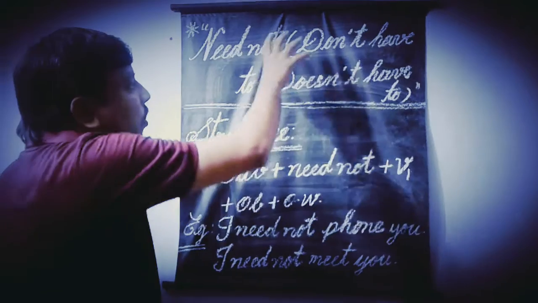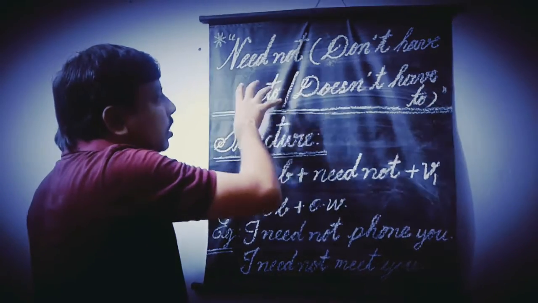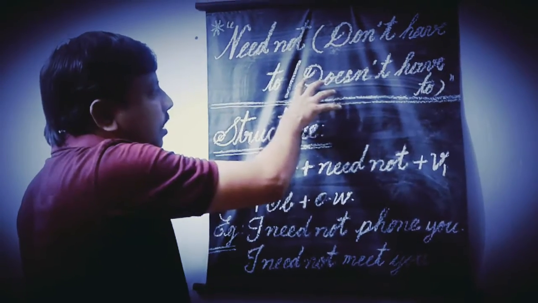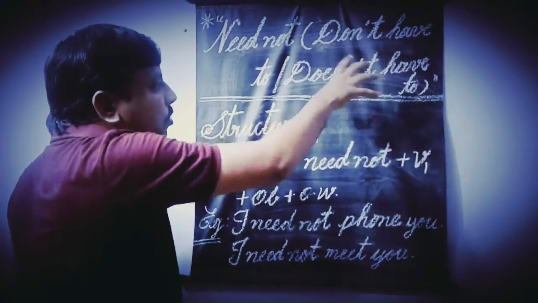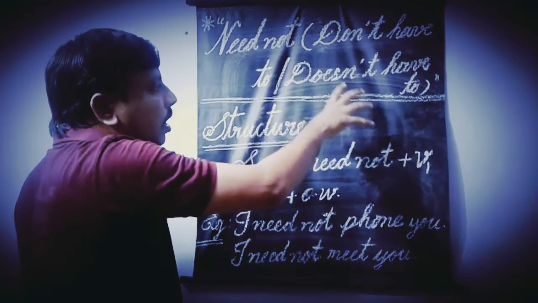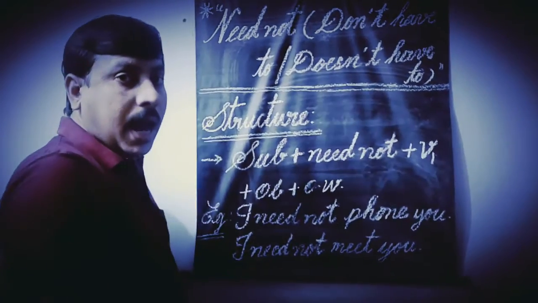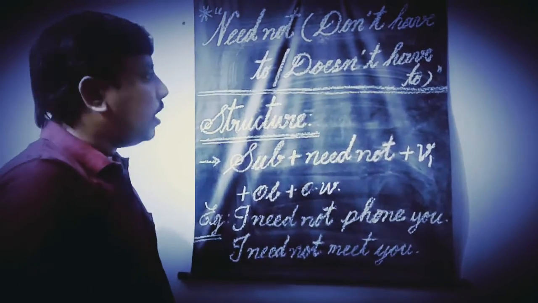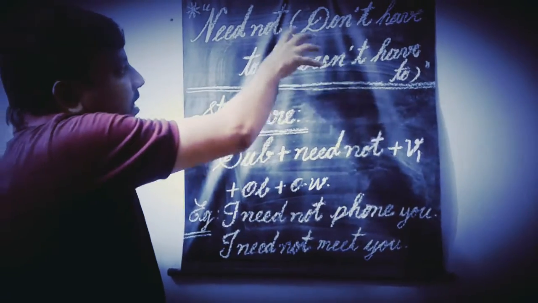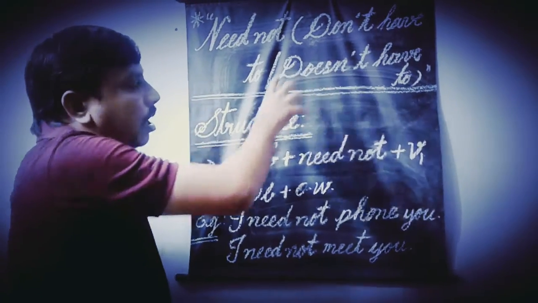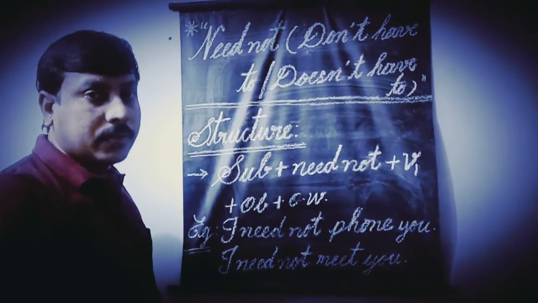For good and all, don't have to should be used with plural subjects and doesn't have to should be used with singular subjects. I, we, you and they, if you take these subjects, are called plural subjects.